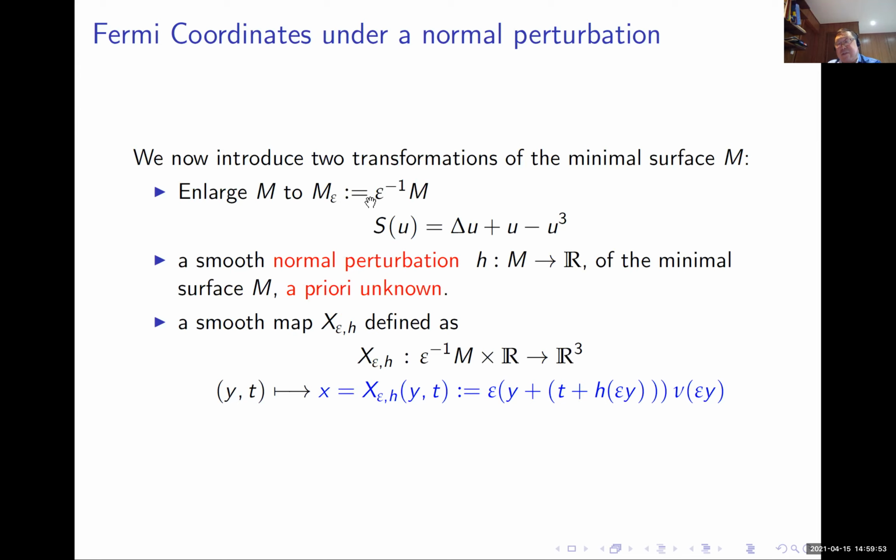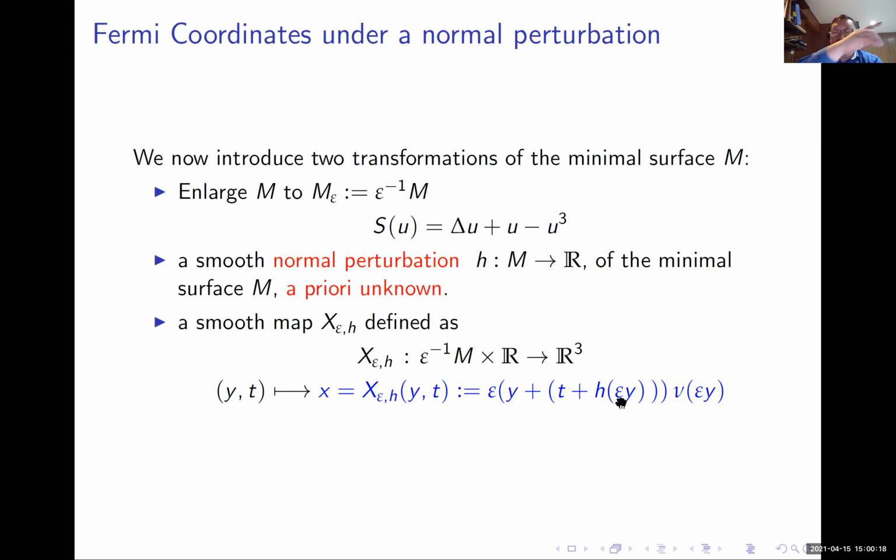First, we rescale the equation by M over epsilon, so it becomes flatter. Now we want to deform the manifold, so we introduce a normal perturbation at each point on y, which we call h(y).